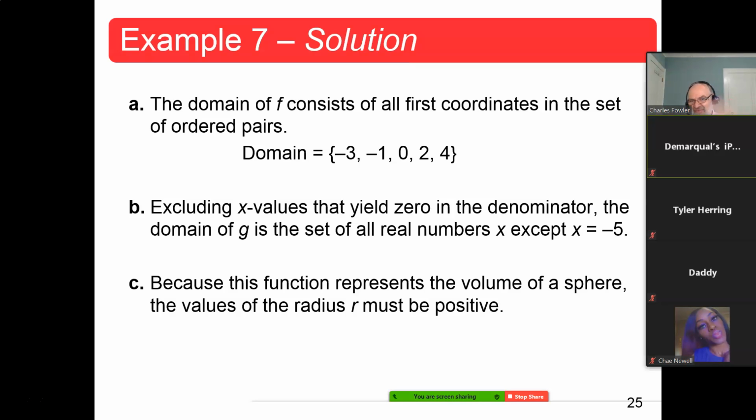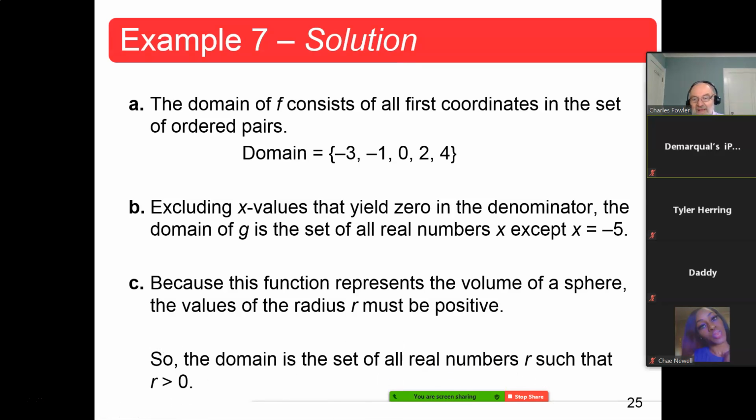Turn the ball inside out? No, you can't do that. So it has to be positive. So that basically is saying that R has to be greater than 0. The set of all real numbers R such that R is greater than 0. R was your independent variable, so that's what you're dealing with in the domain. Does that make sense?